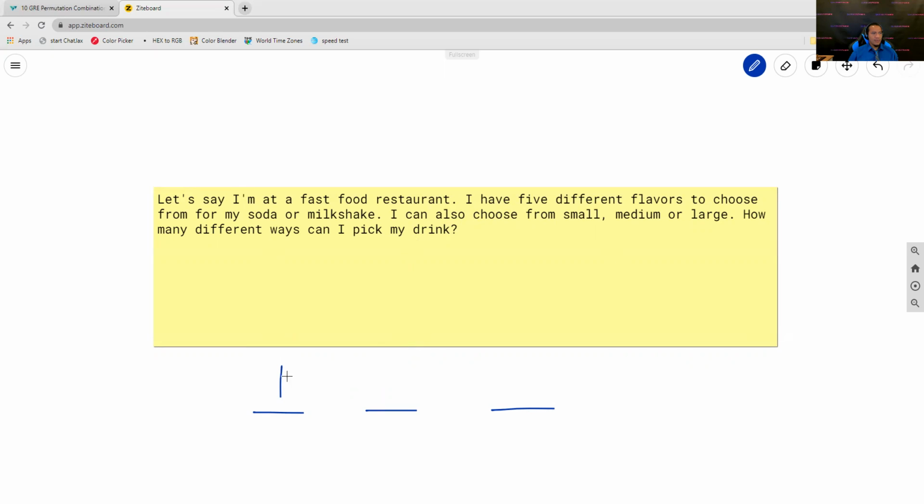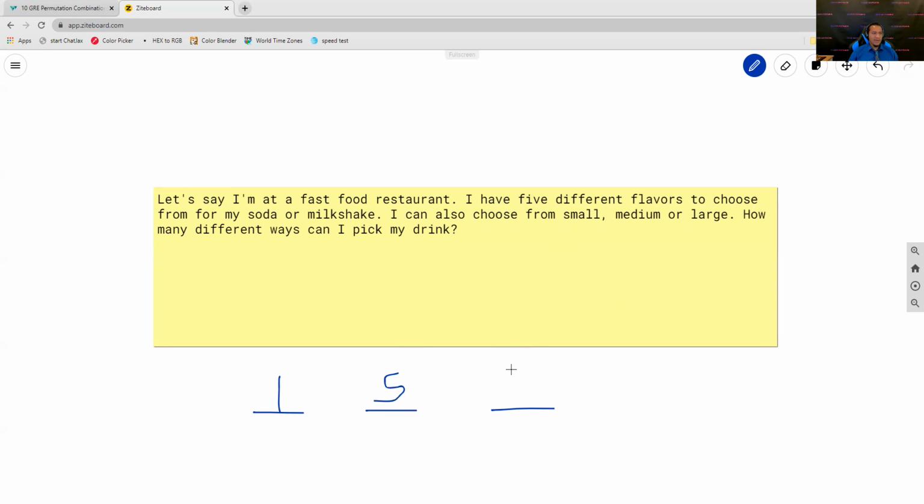Of course, the number here is 2 because you have soda or milkshake, but let me show you why I put 1, because I'm doing it the long way. So let's say I pick 1 soda, and here I can pick from 5 different flavors. I can pick vanilla, chocolate, strawberry, or lemon, whatever I want. So I'll just put 5 for now. So I have 5 different flavors, but now I can pick small, medium, or large.